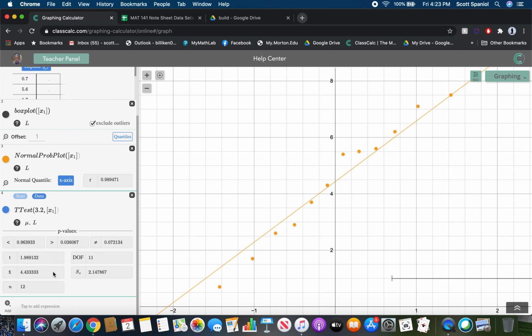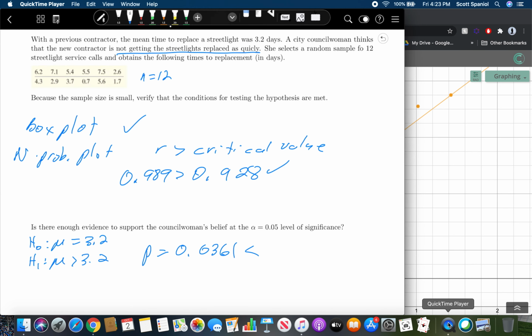So we get a p-value for greater than of 0.0361, which is less than our alpha in this case.